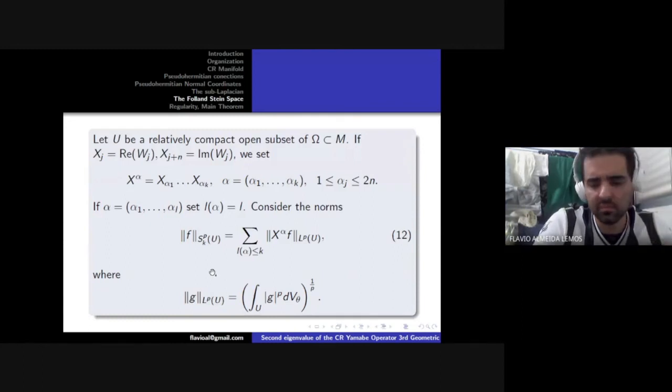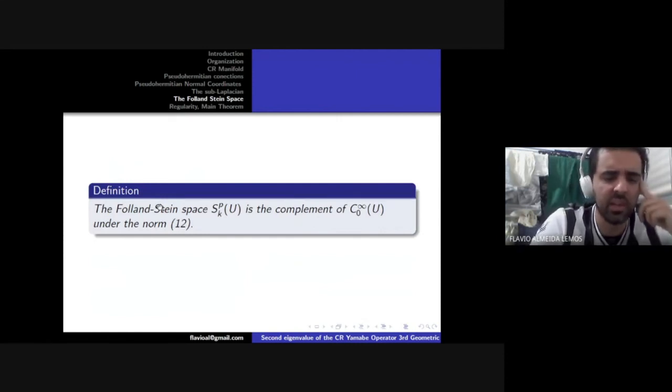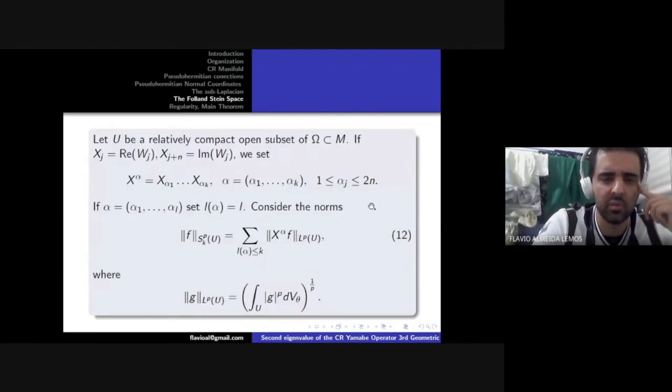Define the norm first, the L^p norm, locally. And we have a definition of the Folland-Stein space: it's the completion of C0 locally with the norm above.